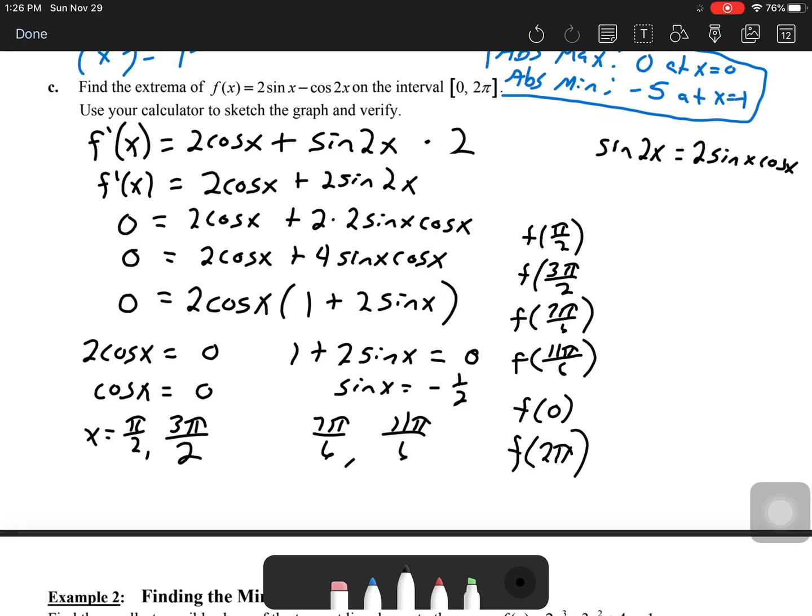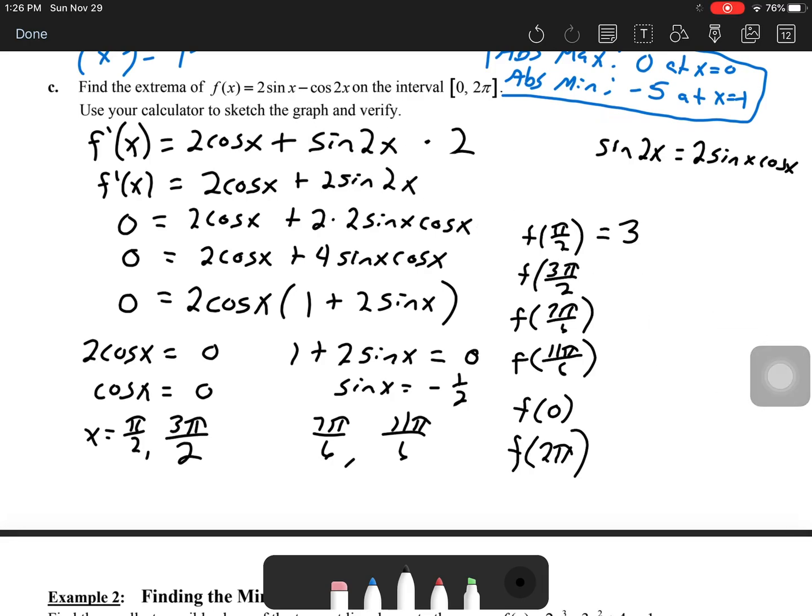And for time's sake, I calculated these beforehand, but you'd have to go through and check these. If I plug in my pi over 2 into this original equation, sine of pi over 2 is 1, and then cosine, and now this would become pi, so cosine of pi is going to be negative 1, so it's going to be like 2 minus negative 1. That actually turns out to be 3.